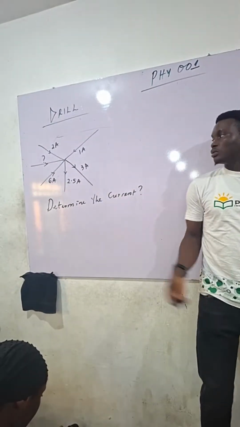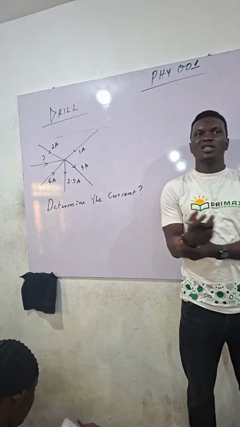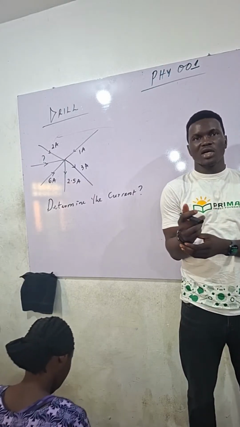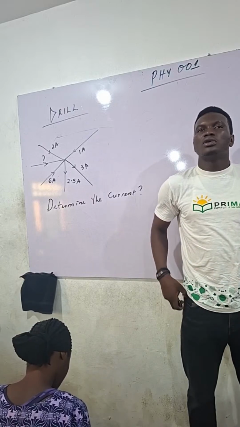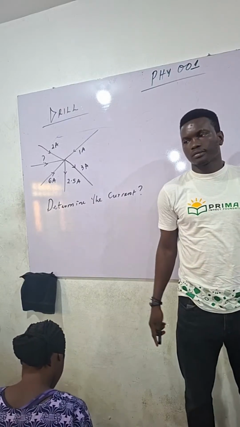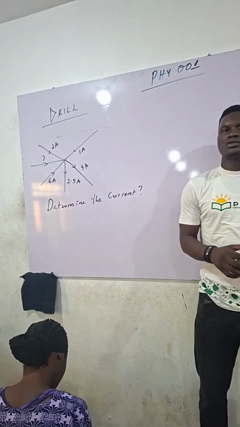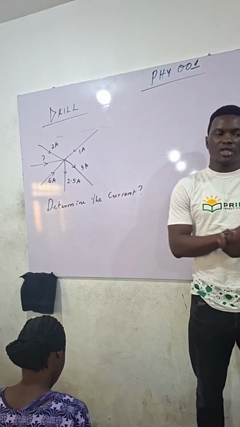So everybody should quickly determine the current there and tell me your answer, so I can explain Kirchoff's second law. Oh yeah, be fast. So what's the current in what I've drawn there?